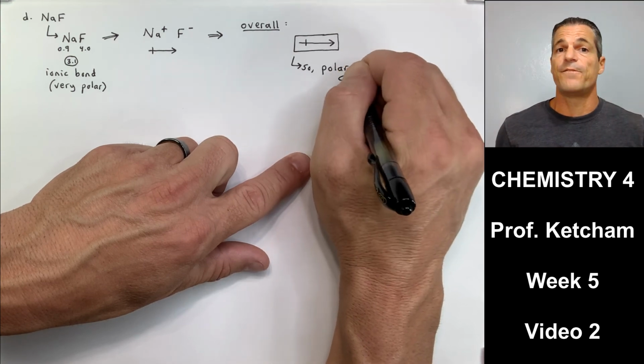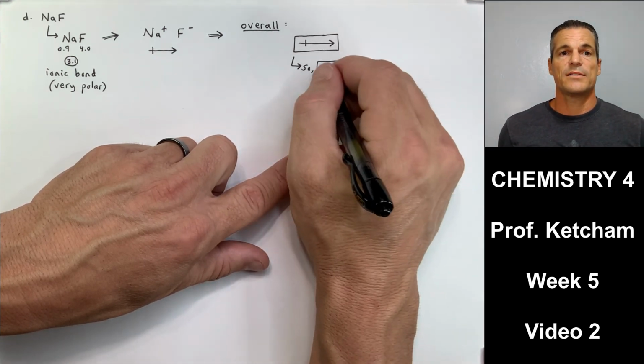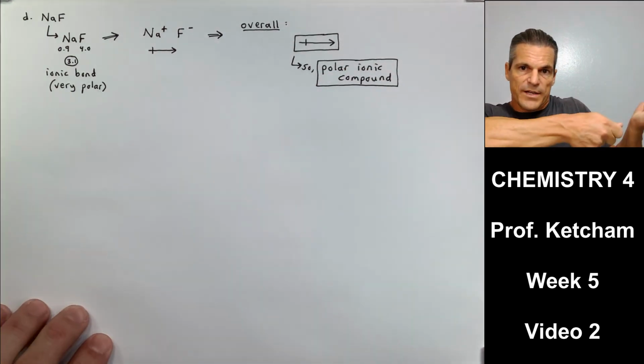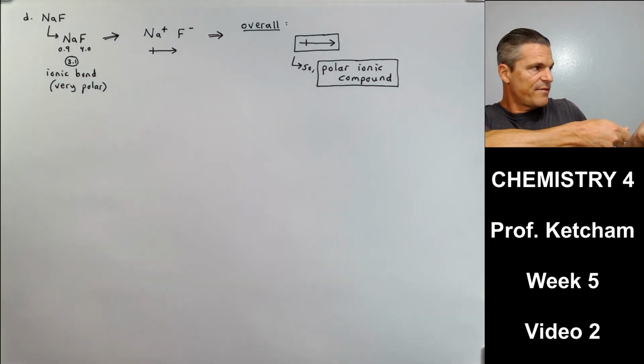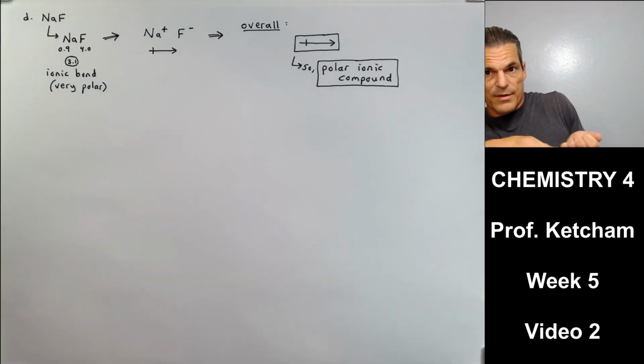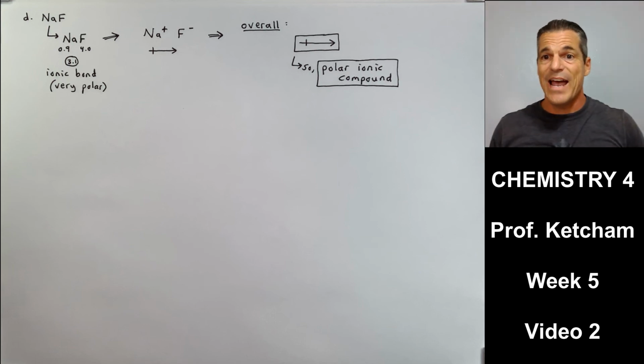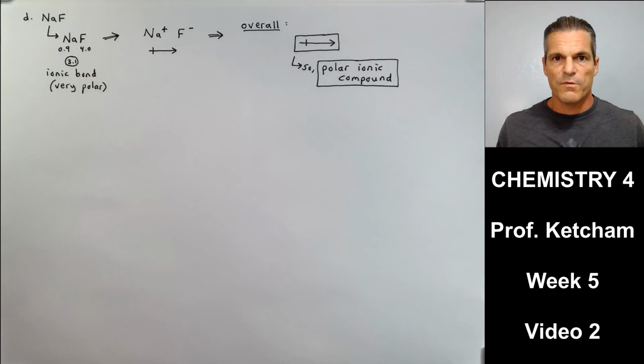F minus is a full minus charge, because fluorine is so much more electronegative than Na that it just rips Na's electron out, giving Na a plus charge, and now it's got Na's electron, so it has a full minus charge. Clearly, overall, this is polar. You can't be more polar than an ionic bond. This is a polar ionic compound.